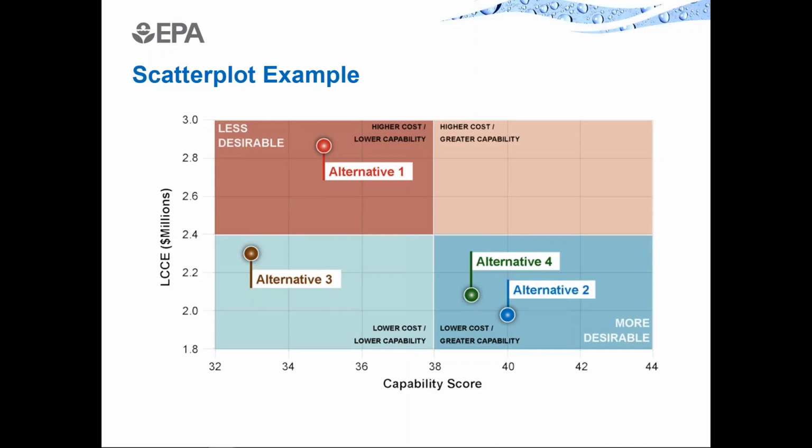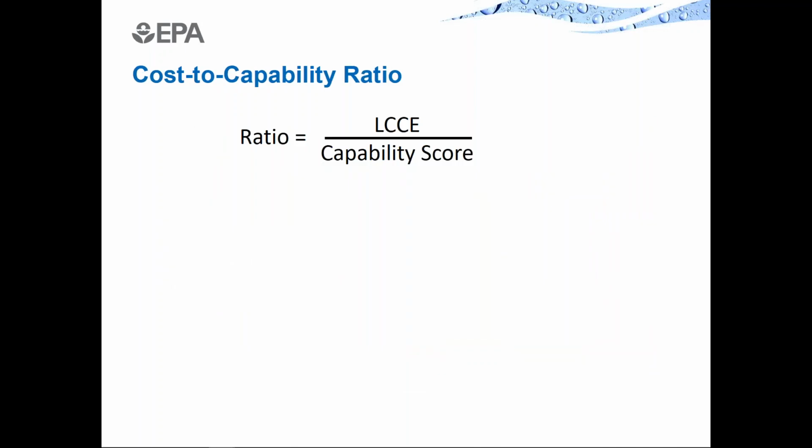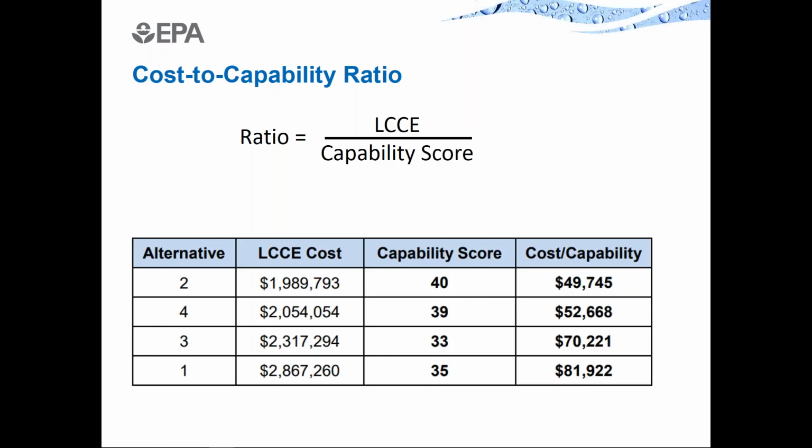If you get into that kind of situation, it might be better to calculate a ratio. Essentially what we're doing with this ratio is normalizing the life cycle cost with respect to the capability score. So there, lower is better. The lower the cost normalized for capability, the more attractive the option would appear to be.